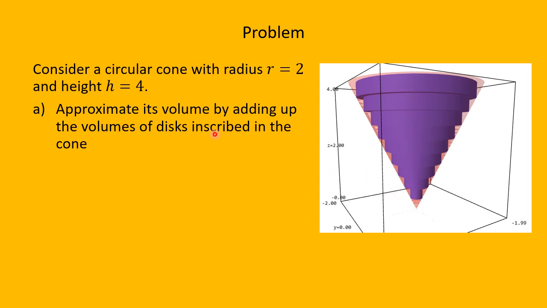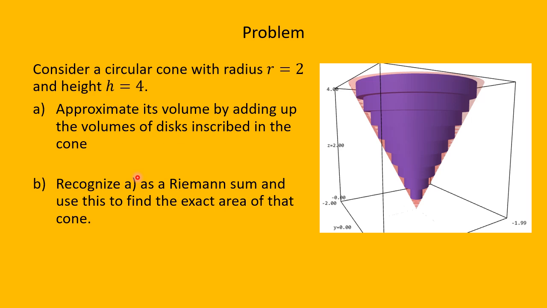So we'll do that approximation, and we'll write down what that approximation is as a sum. And then we will recognize what we did in part A as a Riemann sum involving some function and some limits for an integral. And we'll use that integral to find the exact volume of that cone.